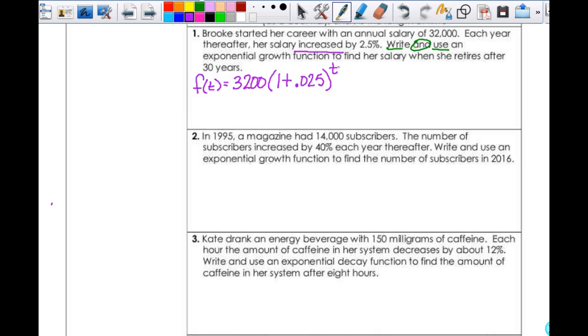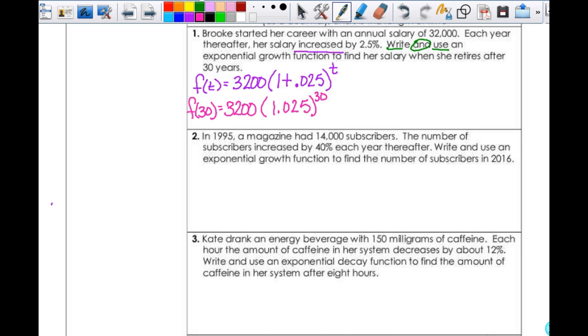Then I'm going to use it to solve the problem. It says her salary after she retires after 30 years, so that means I substitute 30 in for t, so this is f of 30. That's equal to 32,000. Now, I could add these together here and put 1.025 to the 30th power.